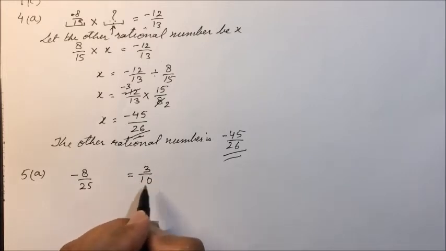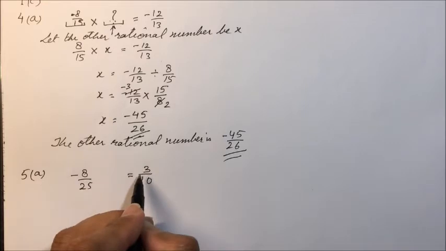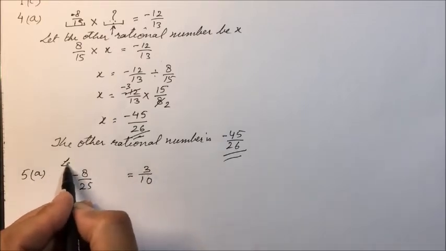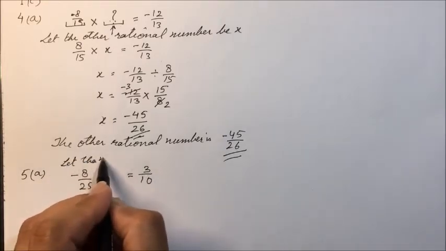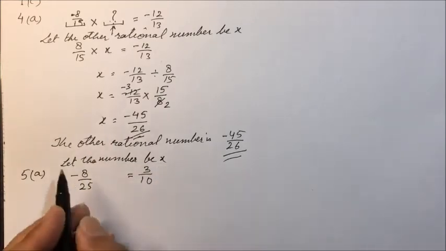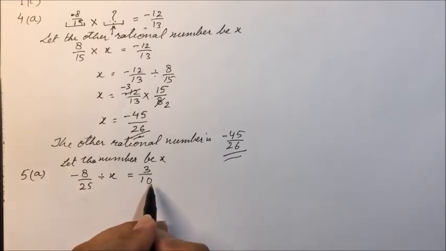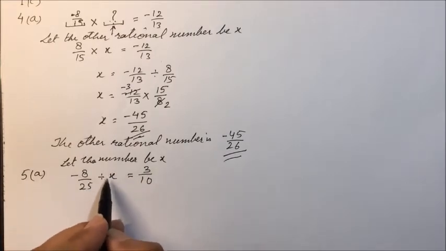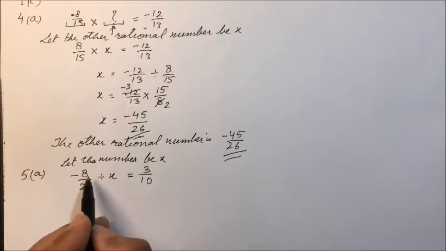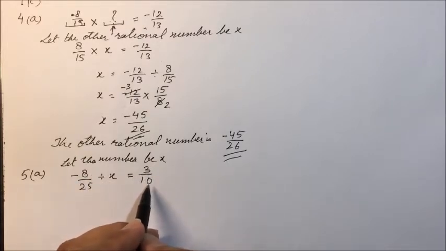So let the number be x. This has to be divided by x to get 3 upon 10. So we have to find this rational number.